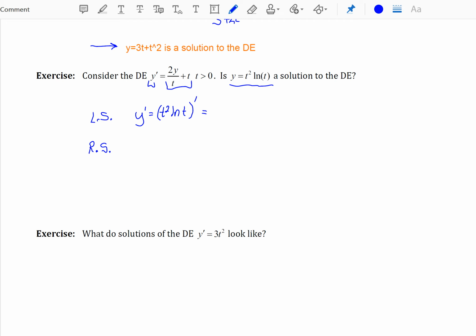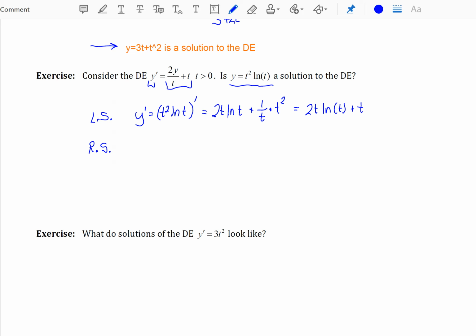Here, applying the product rule, we'll look at the derivative of t squared, which is going to be 2t times your second function, natural log of t, plus by the product rule, the derivative of your second function, the derivative of natural log of t, is 1 over t times your first function. You'll probably want to simplify this a little bit and write it as 2t natural log of t plus t.